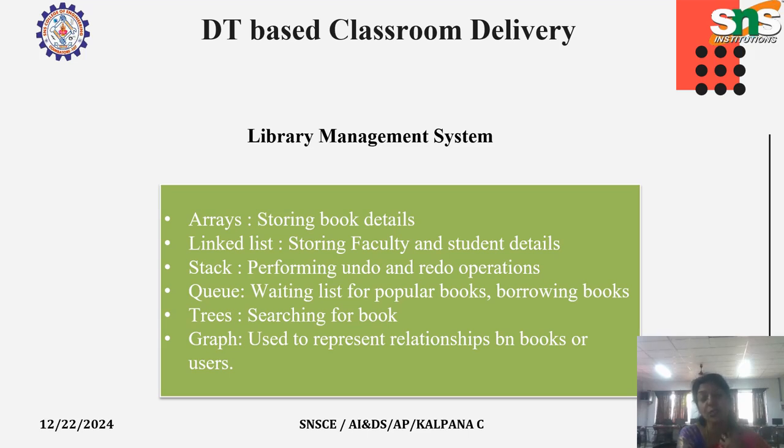And the next is queue data structure. This queue data structure is for storing demand book details, popular book details. Say you have only 10 books in a particular topic, already 10 books have been taken, and a new set of people are opting for that particular book.